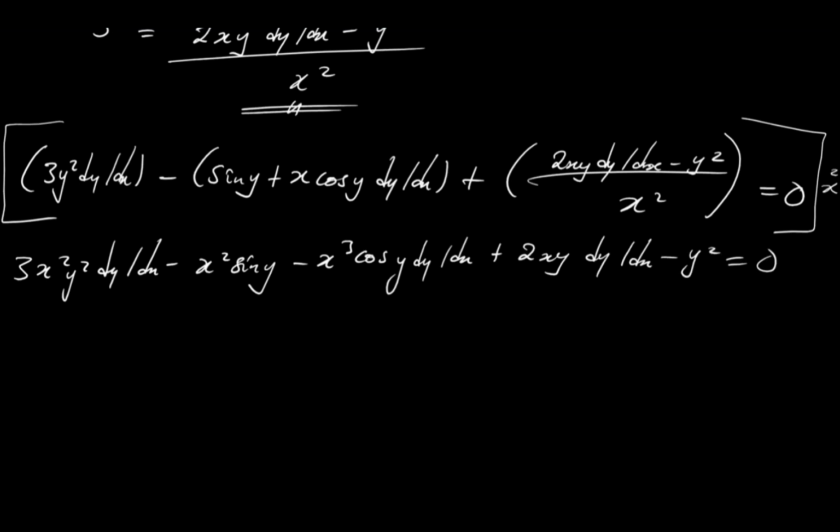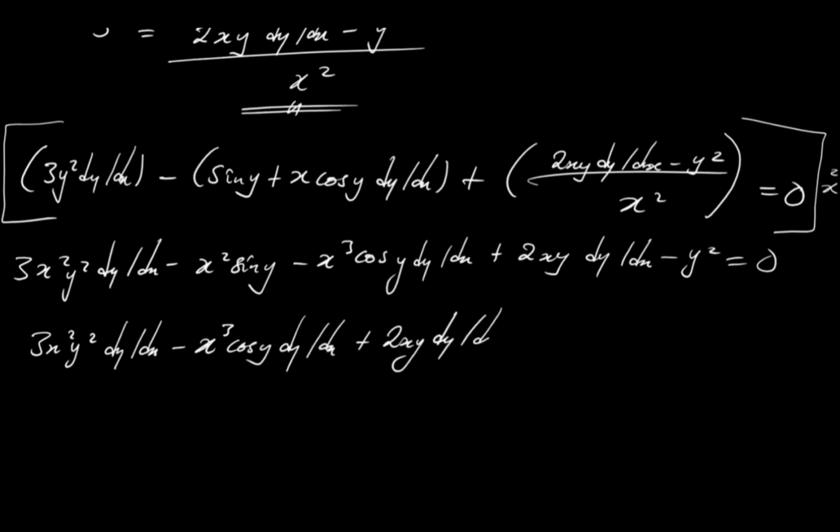Then all we have to do now is divide out the x from the formula. So we just have 3x squared y squared dy over dx. We also pull x cubed cos y dy over dx plus 2xy dy over dx, and the other things you can take this side.